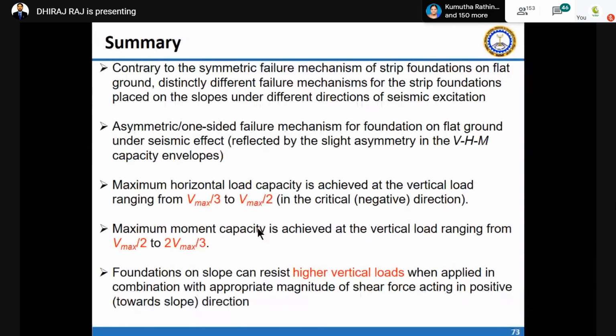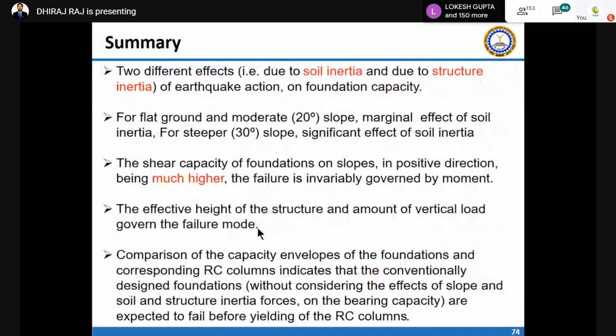Foundation on slopes can resist higher vertical load if applied in the opposite direction of slope. Two different effects, soil inertia and structure inertia, are given by Eurocode 8. I have told you F bar, where it is the soil inertia effect. For flat ground or moderate 20-degree slope, the soil inertia effect is marginal. But for steeper slopes, you have to consider the soil inertia forces.